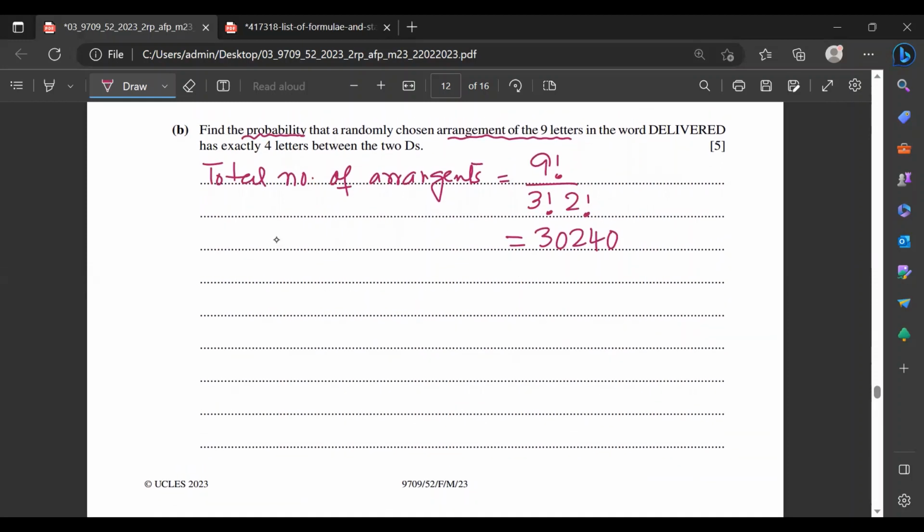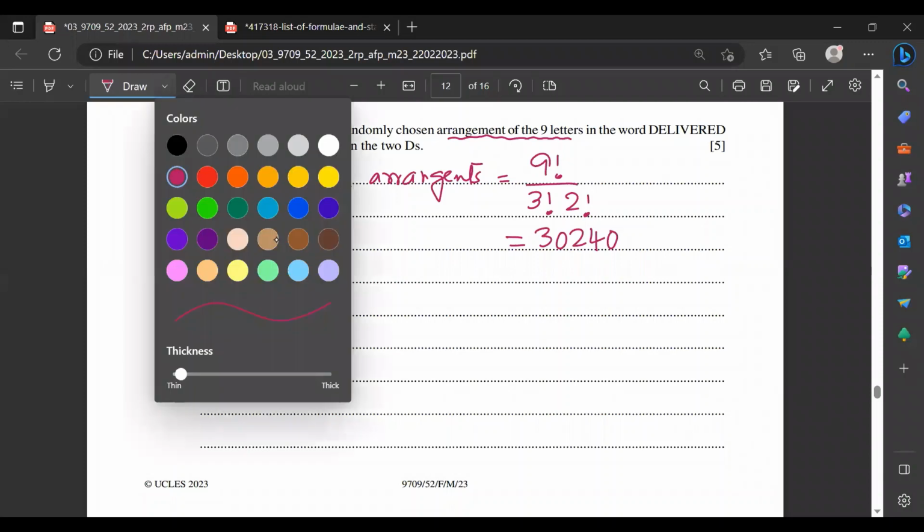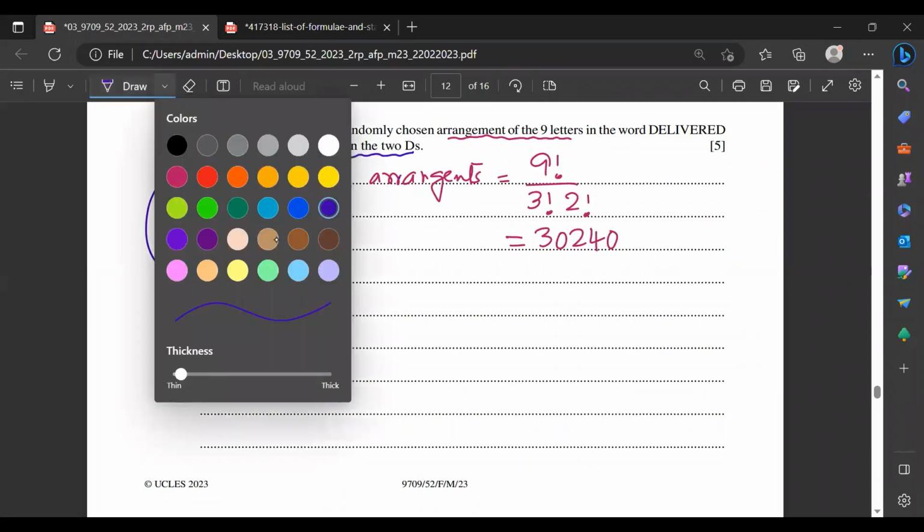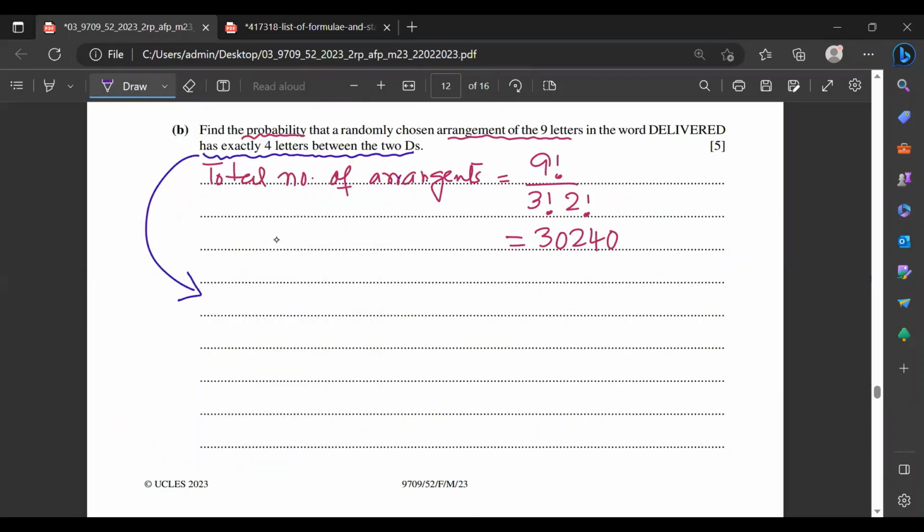Find the probability that a randomly chosen arrangement of the 9 letters has exactly 4 letters between the two D's. For this, I can make a plan: 2 D's and exactly 4 in between.